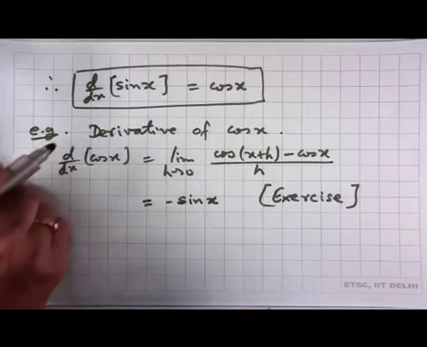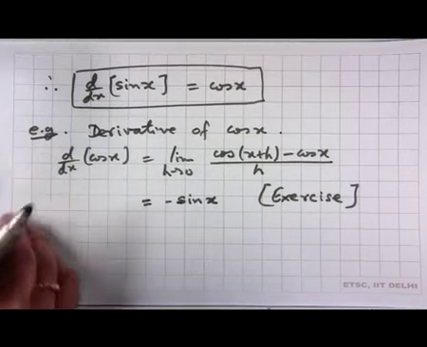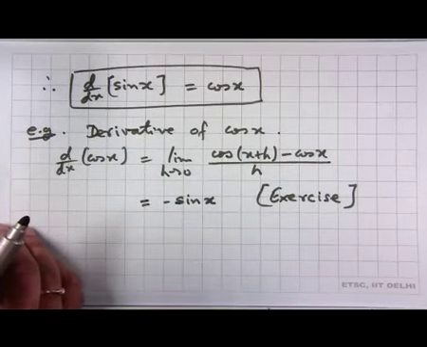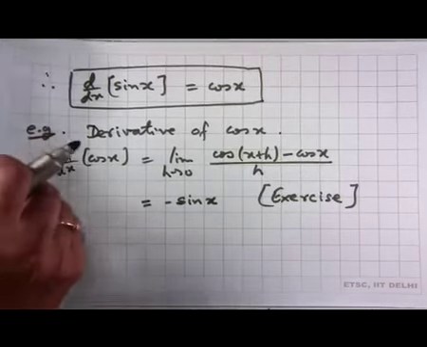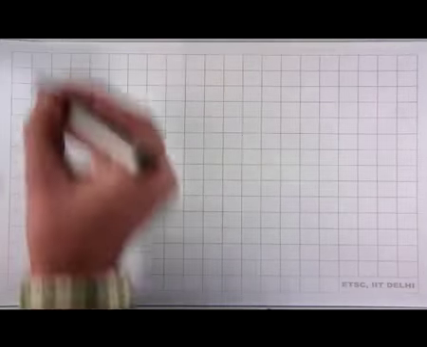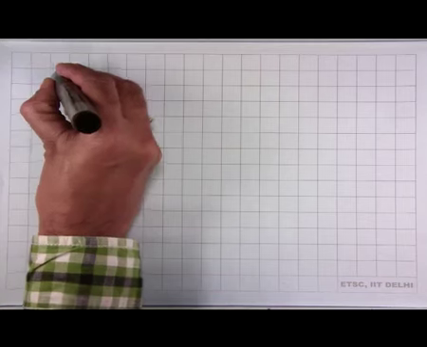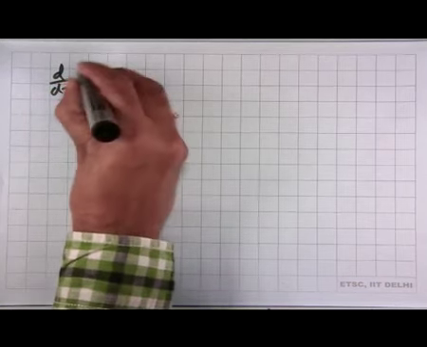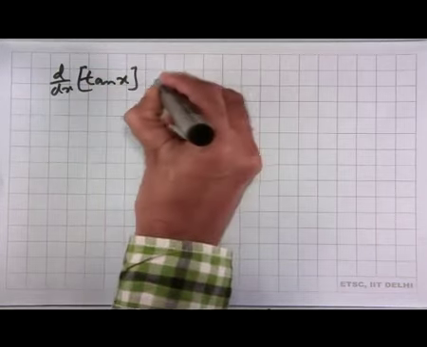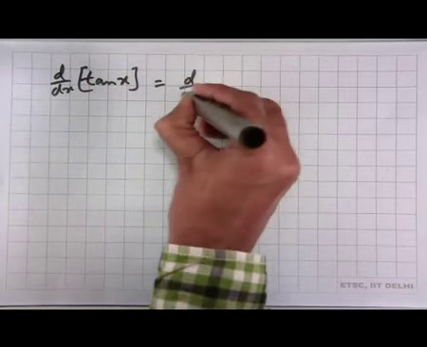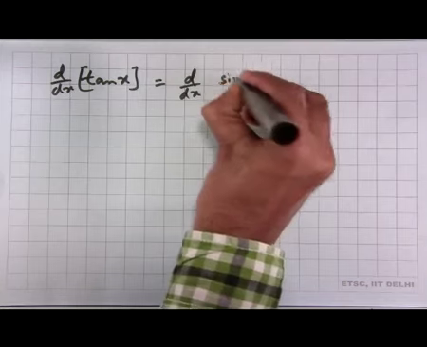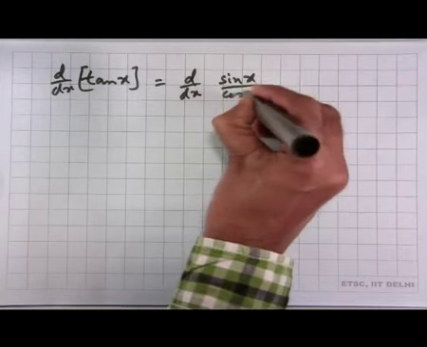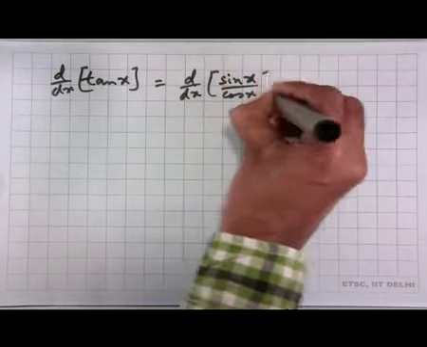And now, because we know the product rule and quotient rule, we can calculate derivatives of other trigonometric functions. So, what is d by dx of tan x? We know that tan x is nothing but sin x by cos x, and then we use the quotient rule.